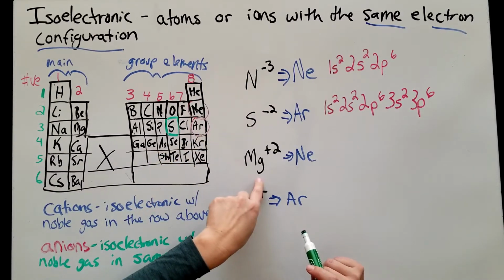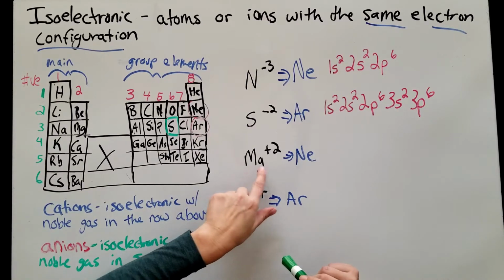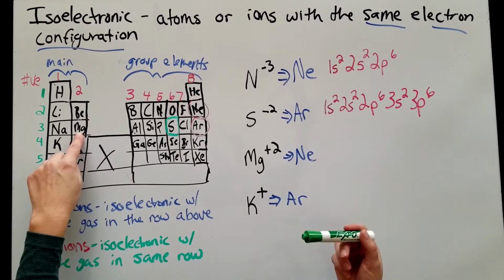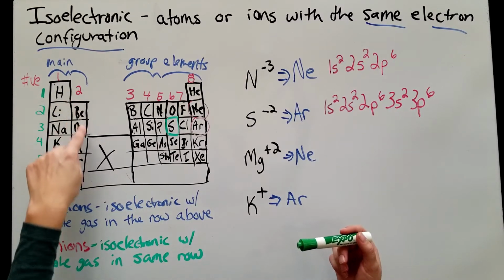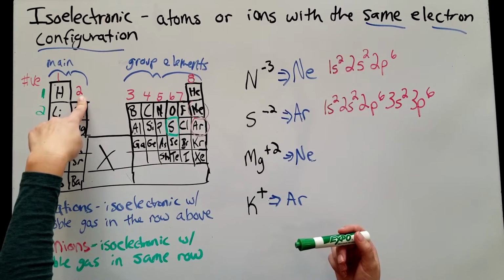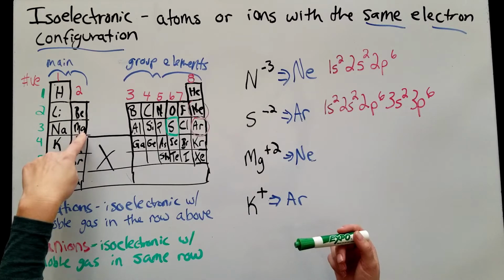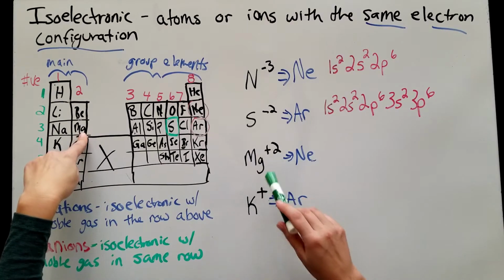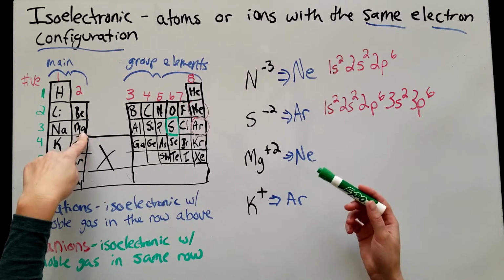Okay, looking at magnesium, so we're going to do that one next. Magnesium's here. But for electron configuration, notice magnesium has 2 valence electrons in its outer shell. But if it loses those two, because that's what this +2 is telling us, it's telling us it lost two negatively charged electrons.